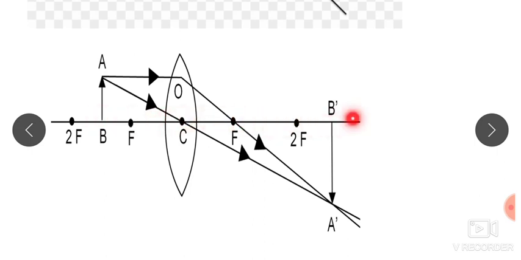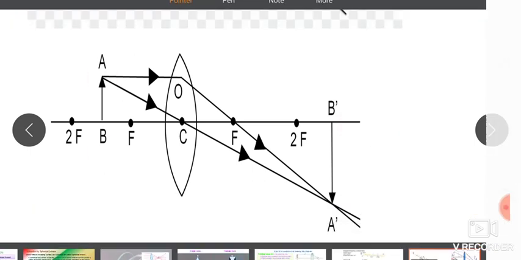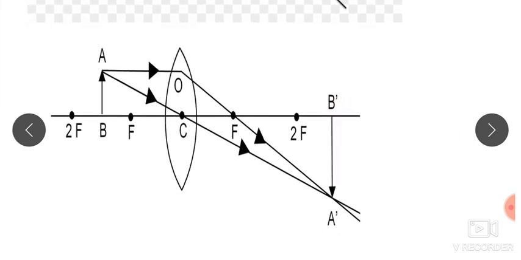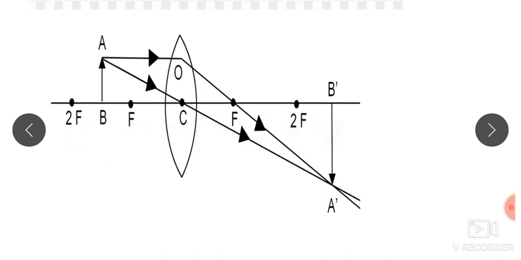Now this is B dash and this is B, and this image is A dash. So B dash A dash is the magnified, inverted image forming beyond 2F. When we keep the object in between, the image is formed beyond 2F. So this is a real, inverted and magnified image.